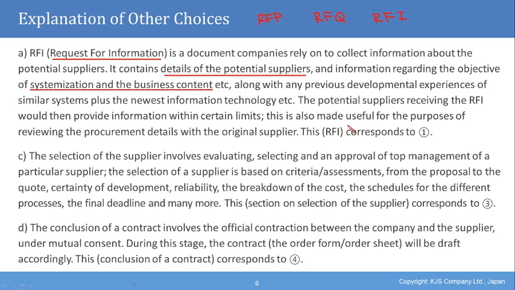This is also made useful for the purposes of reviewing the procurement details with the original supplier. This RFI, in fact, corresponds to stage 1 in the flowchart.